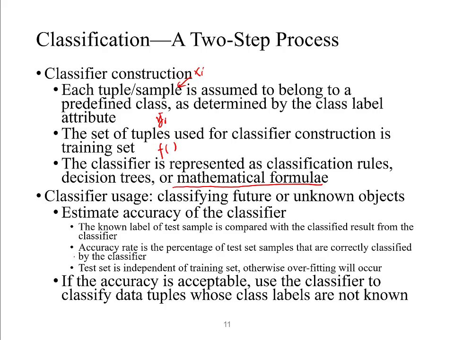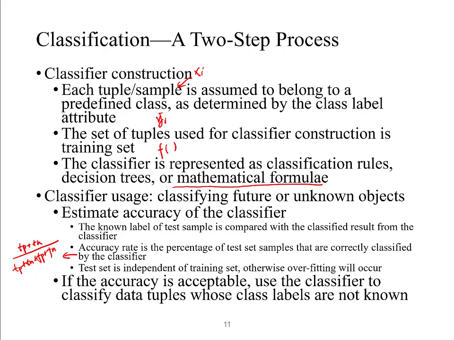In this case, this accuracy rate is another evaluation measurement. It would be true positive plus true negative divided by everything added together, right?